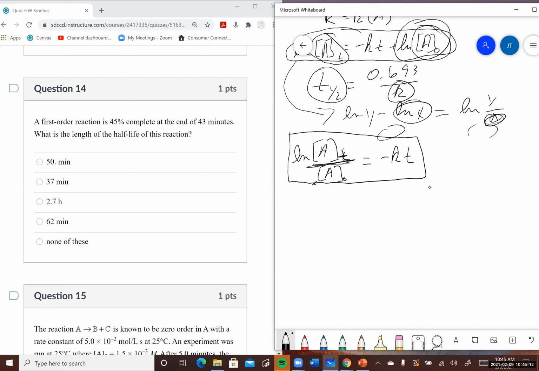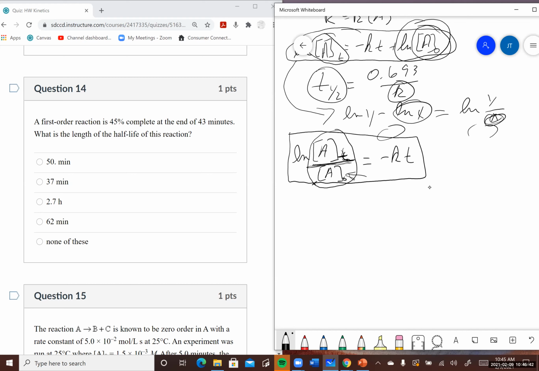So if I divide by the initial concentration, this fraction equals the fraction that remains. They're giving you how much is complete. So what is the difference between that? The fraction that remains and the fraction that's complete, or reacted, another way to say that.